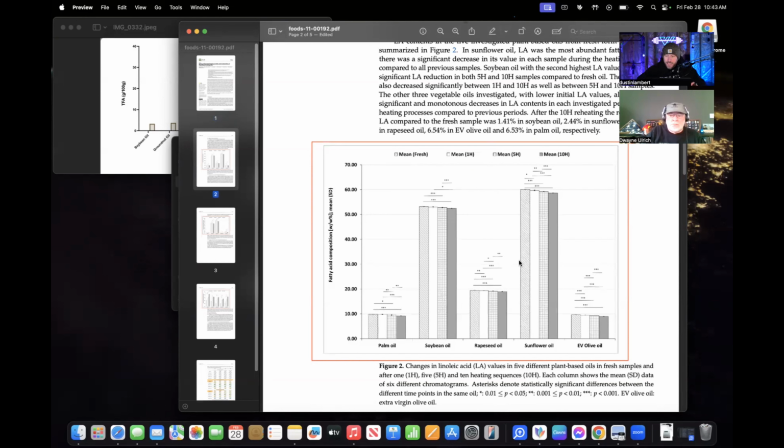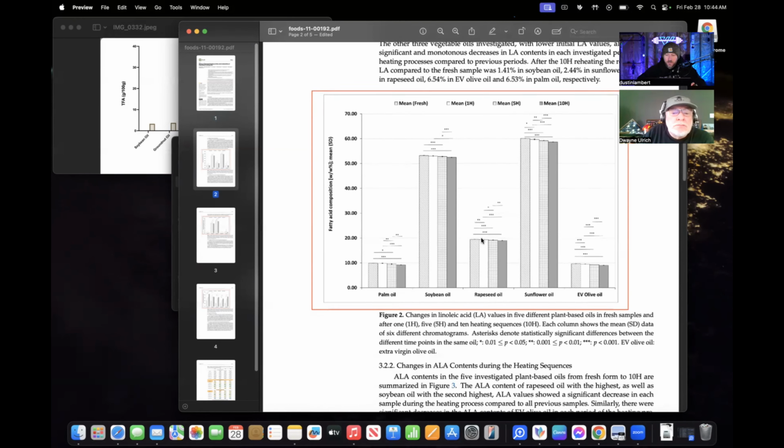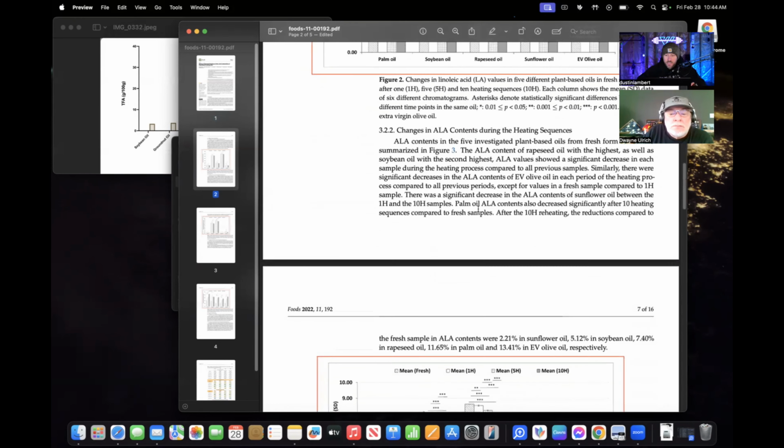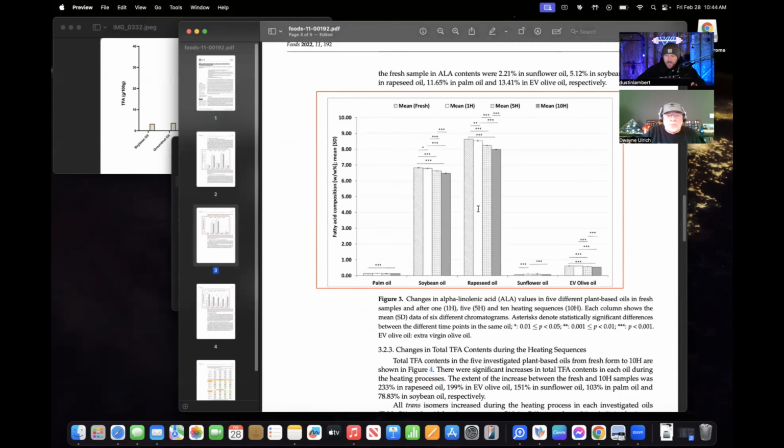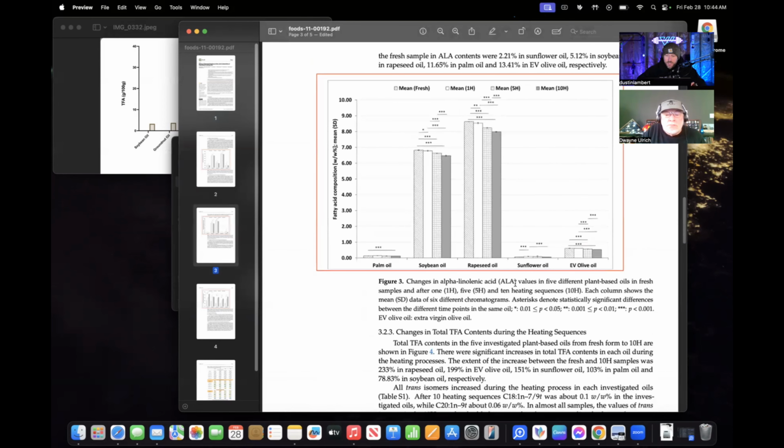What we look at here is the change in linoleic acid values. With each increase in heating cycles, we see a decrease in linoleic acid values. But again, it's just not that much. These oils are staying pretty stable. Same thing for the decrease in ALA, the plant-based version of the omega-3s.